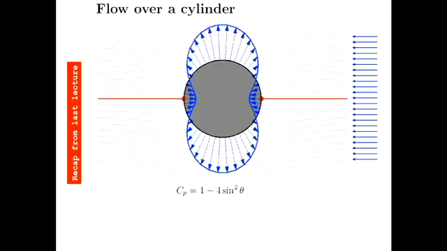Now, the nice thing about talking in terms of pressure coefficient is that I could get a more general result. If I knew the pressure coefficient around this particular cylinder, I could then apply that reasonably confidently to a cylinder that was operating at a much different velocity or in a different fluid.